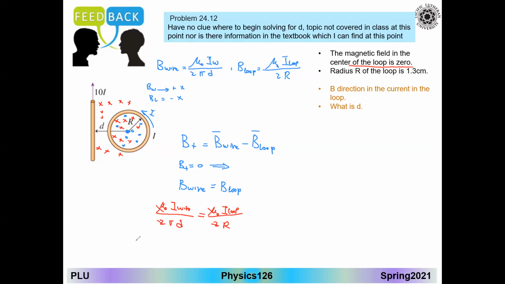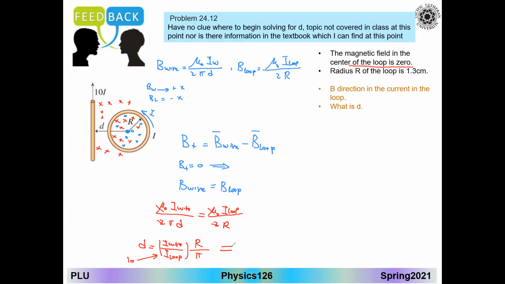So what I end up with is that D will be I wire divided by I loop, times the ratio of R to pi. Here I have 10 I, so this ratio will be equal to 10.